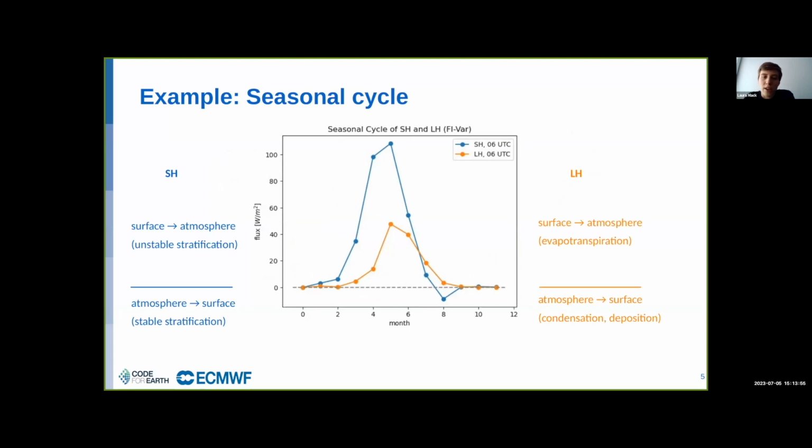This is the usual case in summer and during the day. In winter or during night conditions, we have slightly negative fluxes or fluxes close to zero. In terms of sensible heat flux, this means that we have stable stratification, and in terms of latent heat flux, that there's condensation or deposition.